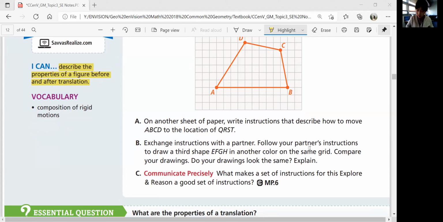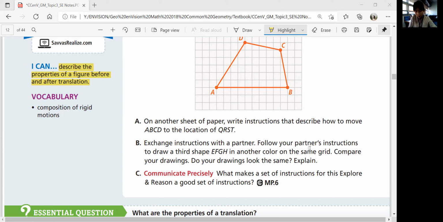If your partner said, I moved all the points down 3 units and right 1 unit, then you move D down 3 units and right 1 unit. Down 3, right 1, down 3, right 1, down 3, right 1.